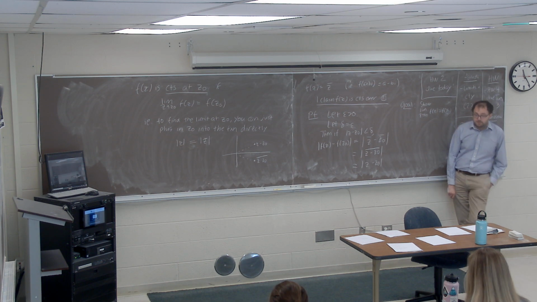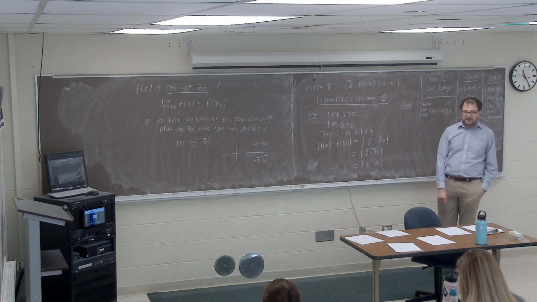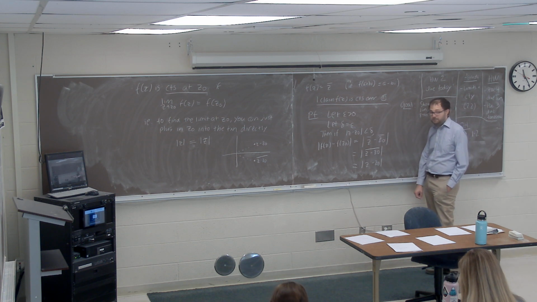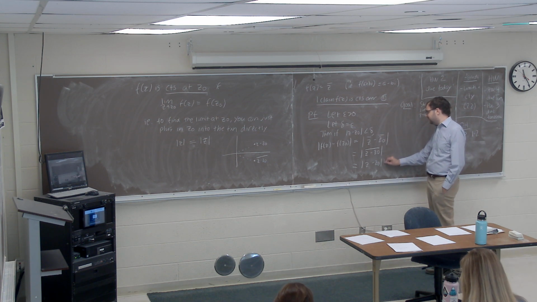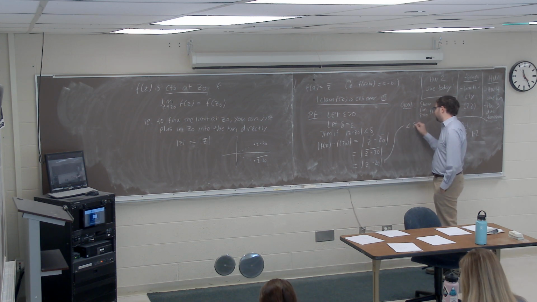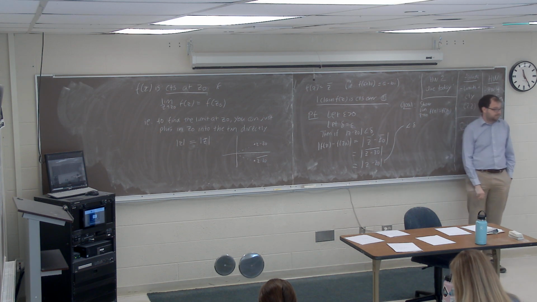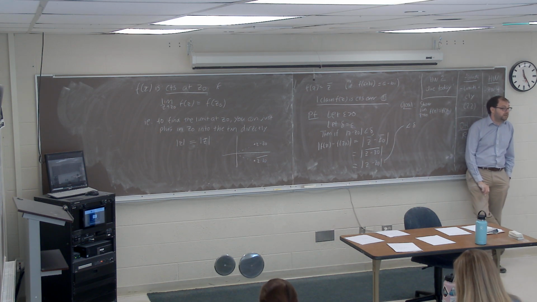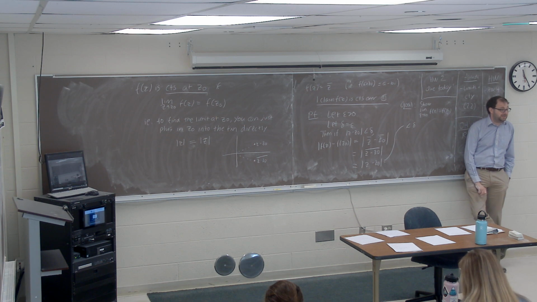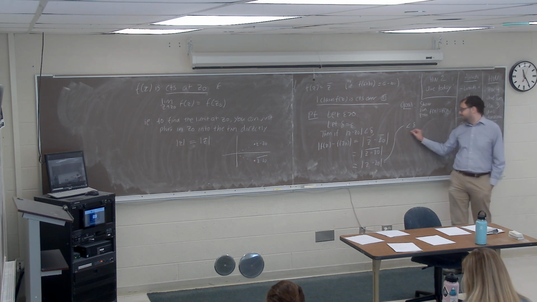Ginger, what do we know about absolute value of z minus z naught, or what are we assuming about it? It's less than delta. Yeah, that expression is going to be less than delta. And Gary, what do we know about delta's relationship to epsilon? Delta is equal to epsilon.